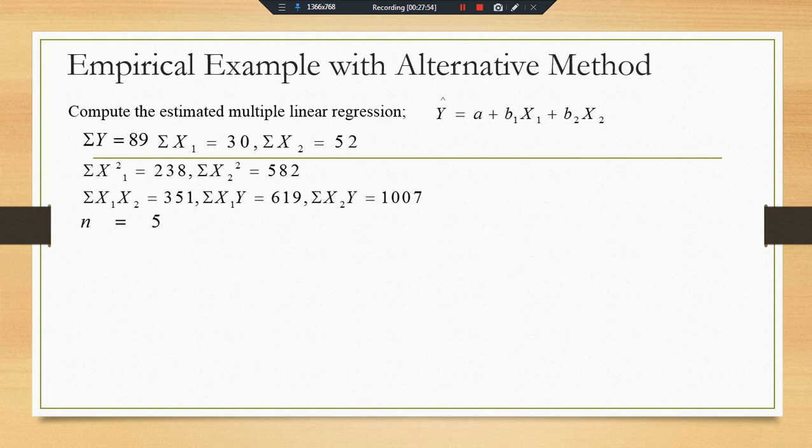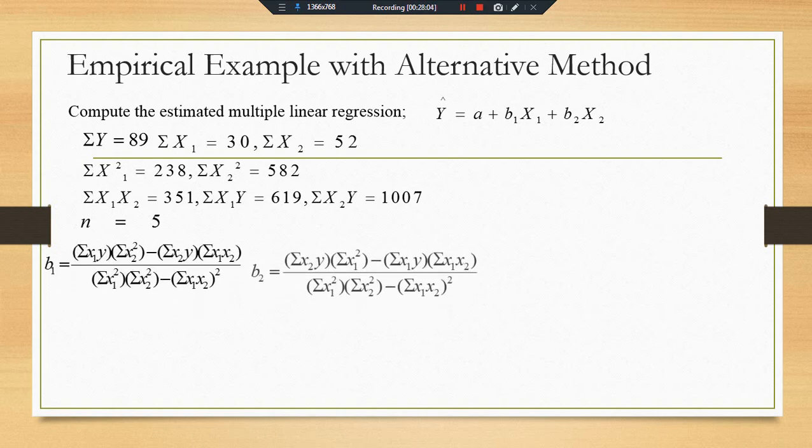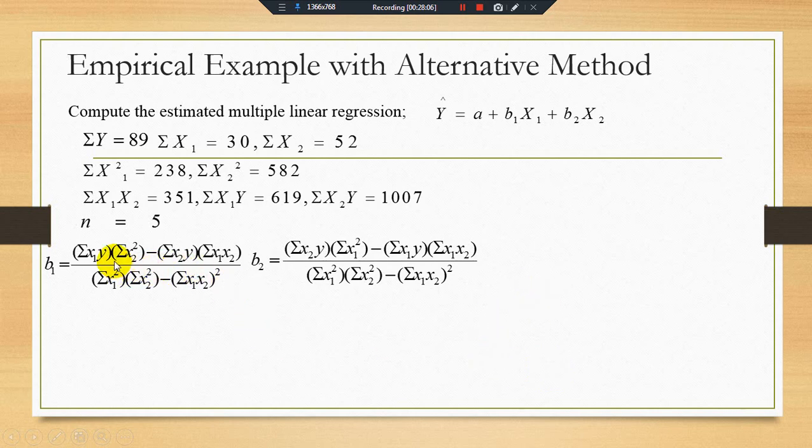So keep in mind while solving further with the alternative method that we have beta 1 and beta 2 formulas in lower case, but our given values are in upper case.